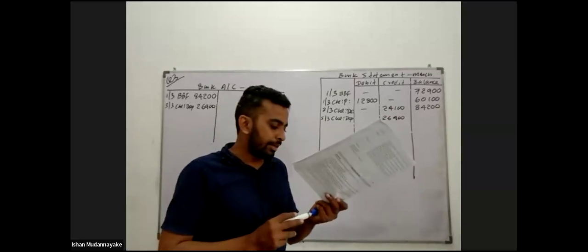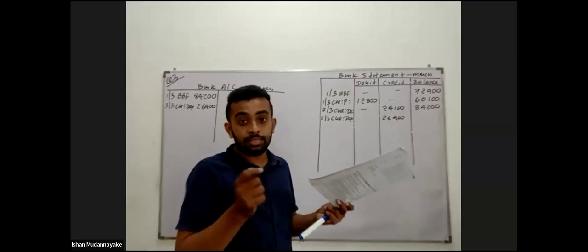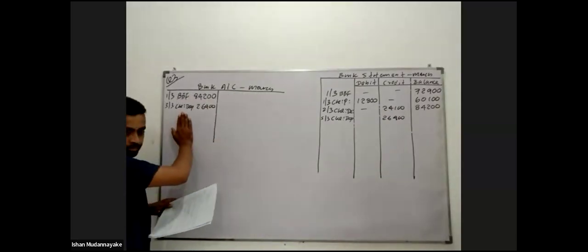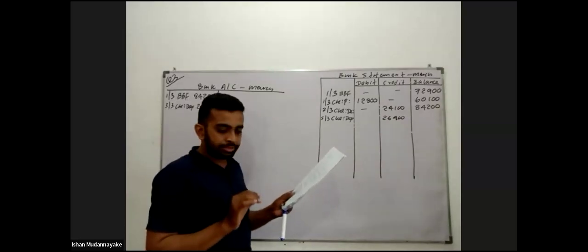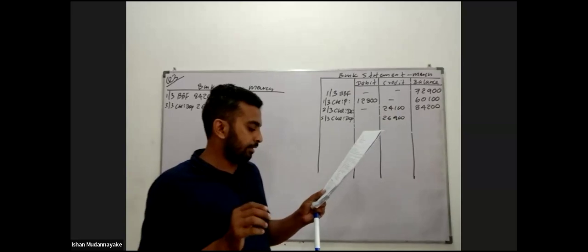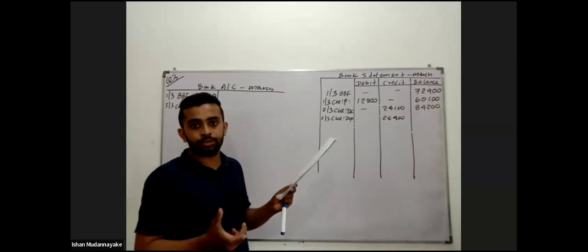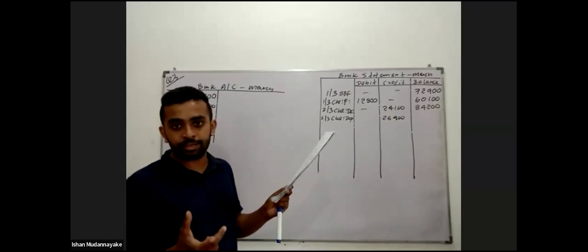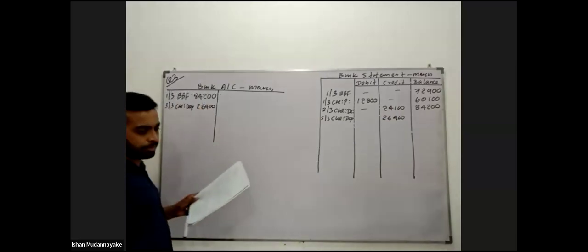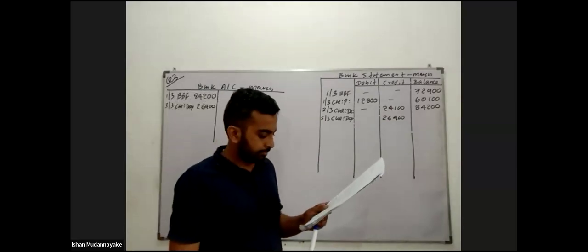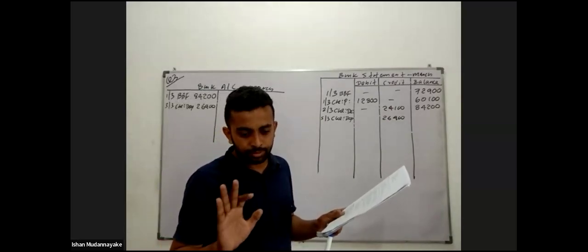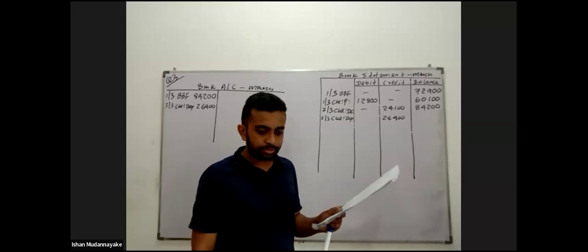If the examiner has mentioned that the check was received from a debtor, you can write debtors here. But in this question, there is no clear description regarding the receiving of that check. Therefore, just write down check deposit 26,400.